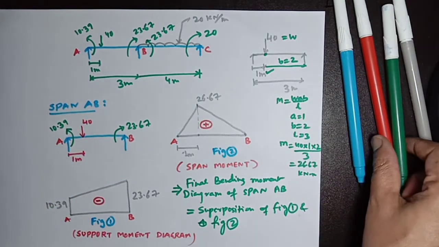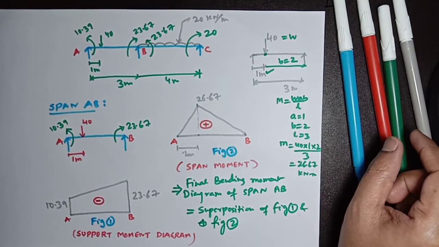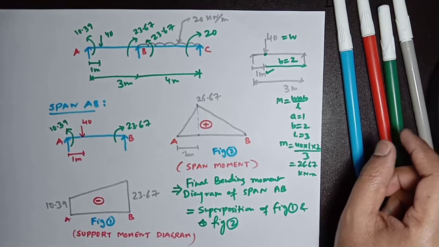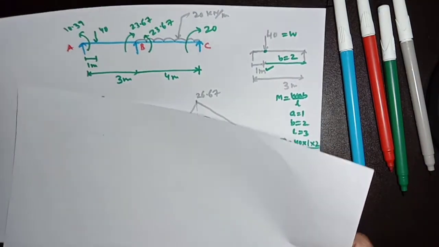Now we are going to superimpose figure 1 and figure 2, then you can see how we develop the bending moment diagram for this span AB.